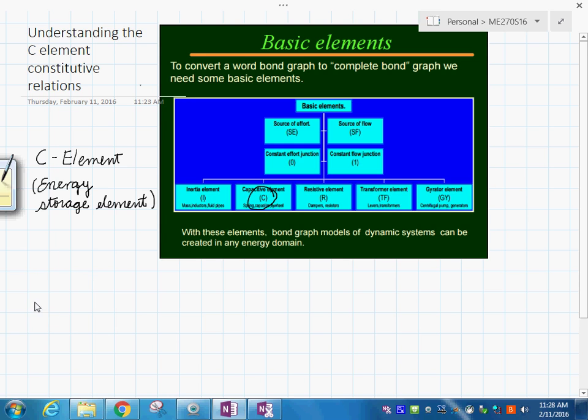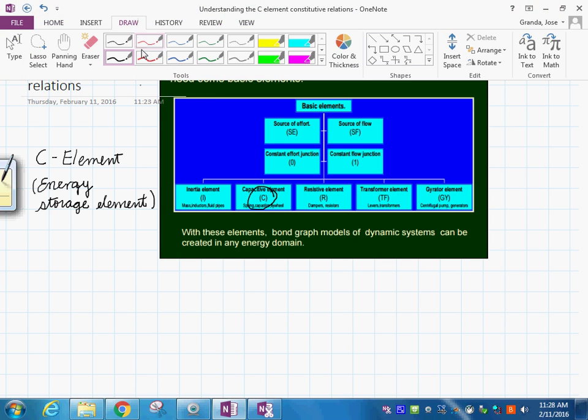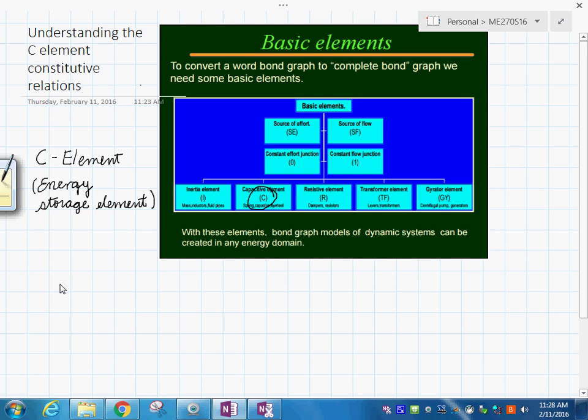represent the C element. Let's do it with the same color. You can have a C element that is like this.